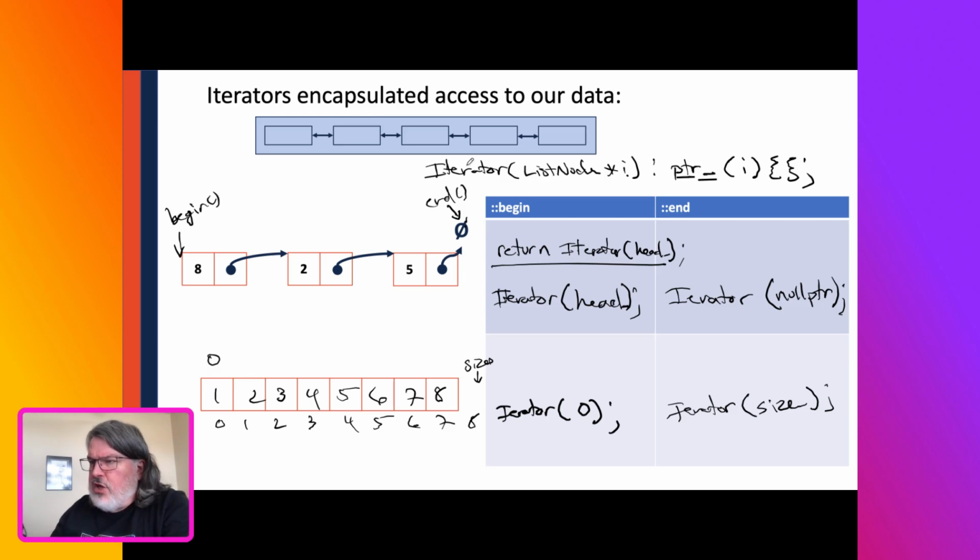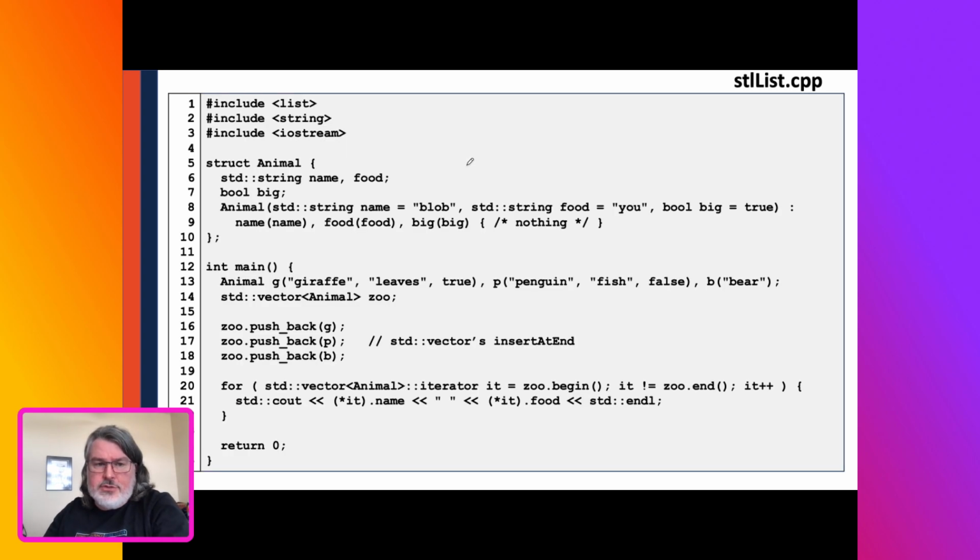So let's look at some code, and we're going to use iterators. First, here is some code. Can we read all of this? So we're including list, which is the STL implementation of lists. String and iostream, right?